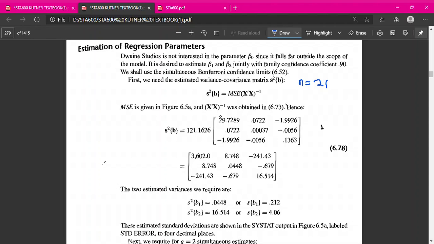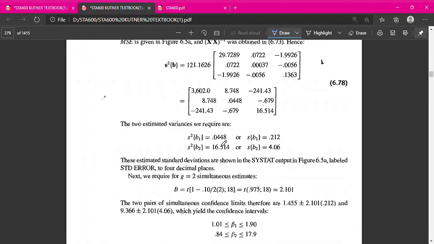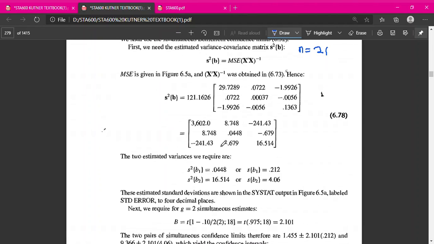It is SSE divided by n - p for MLR, or you can take it from the ANOVA table. Our interest is in the main diagonal, which gives the variance for beta 0, the variance for beta 1 and the variance for beta 2.